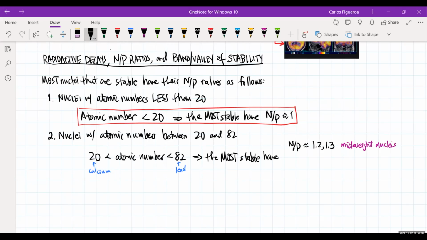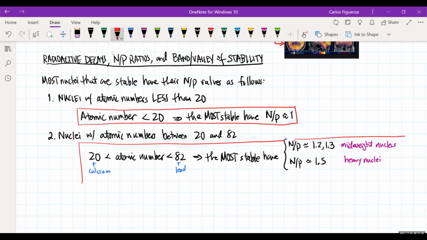And if you look at lead, this guy's about 1.5. So these are the very heavy nuclei. This is what we mean when we're talking about stable atoms. That's what they have to follow.